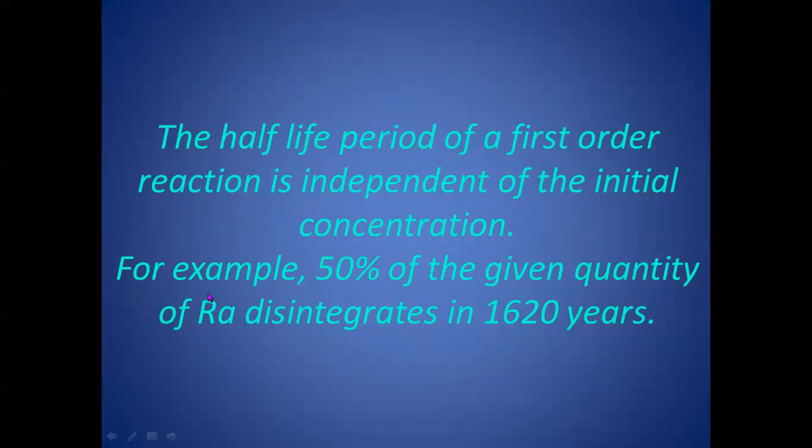Whatever amount of radium is taken, in 1620 years, half of it will disintegrate. For example, if today we have 1 gram of radium, then after 1620 years, it will be only half gram. Why? Because half of it will disintegrate. So the T half, or half-life period of radium, is 1620 years.